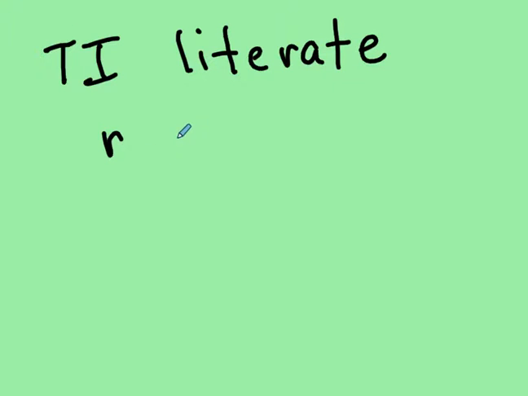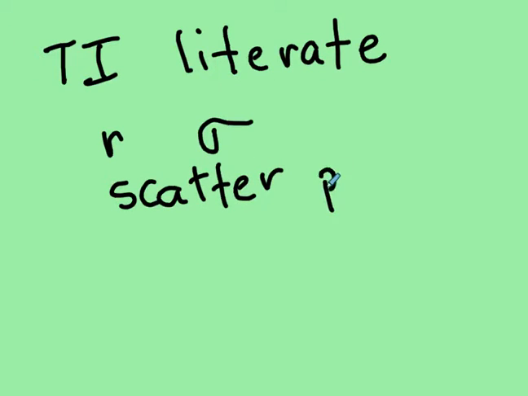You also need to be using it to find the standard deviation, and you can use it to create scatter plots, which makes it a lot easier. There are scatter plots that you have to do, and there are also ways that you can find the line of best fit using your calculator.